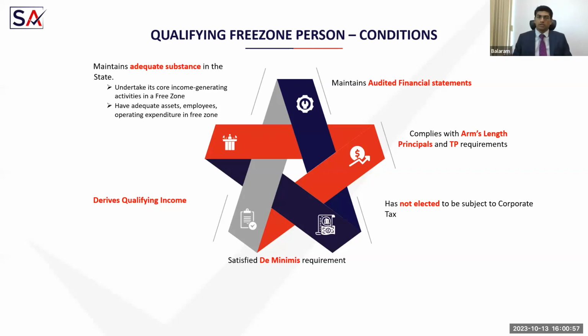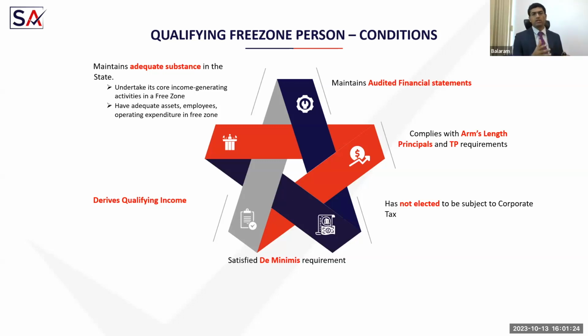And the last point to consider is to have your books of accounts audited. All the free zone companies generally have the requirement of having the books of accounts audited for the purpose of license renewal in most cases. Even for the qualifying free zone person status, you are expected to have your books of accounts audited on a regular basis. Once you comply with all these conditions, then you will be considered as a qualifying free zone person.